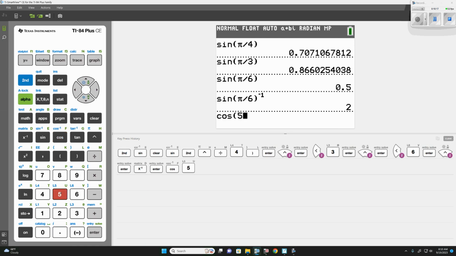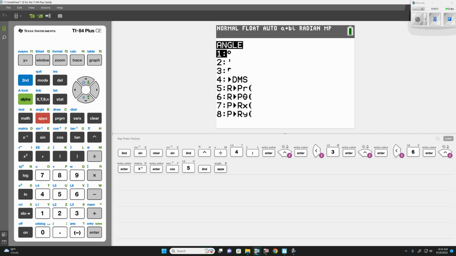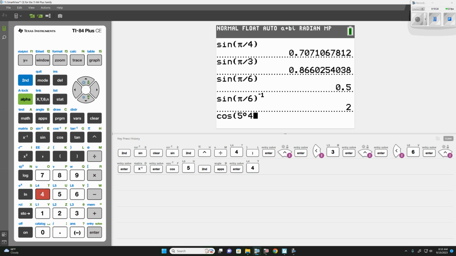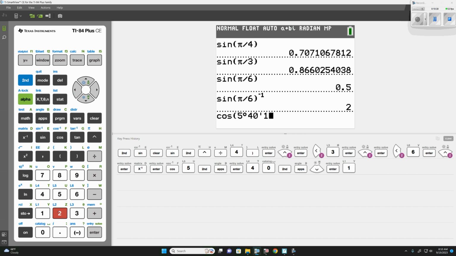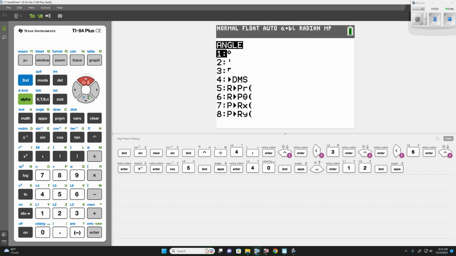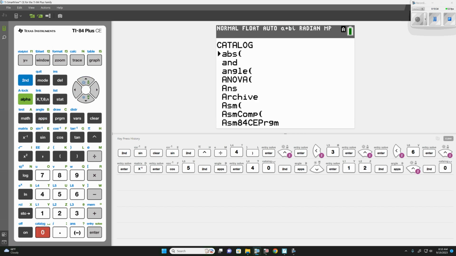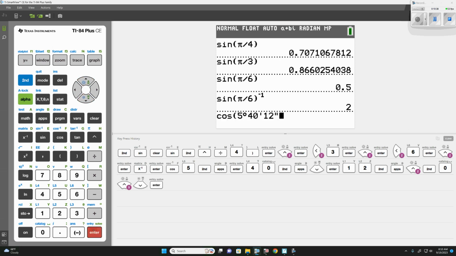So 5 degrees. So we can go 5, second angle, degrees. 40, second angle, minutes. 12, second angle, seconds.